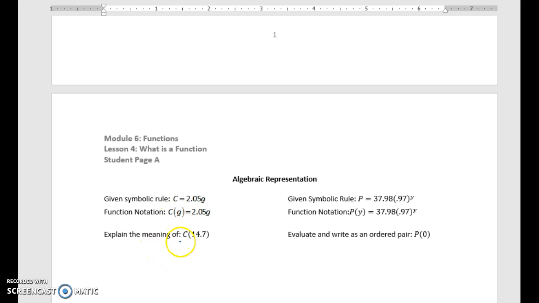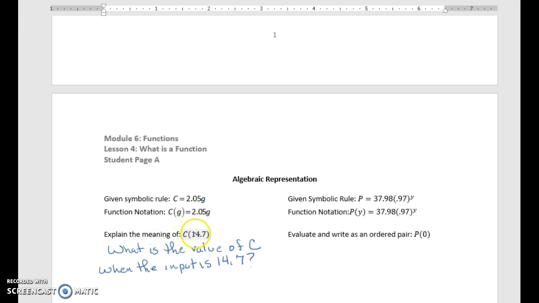If we were to define what the meaning of this is, we could either state this as a question: what is the value of C when the input is 14.7?